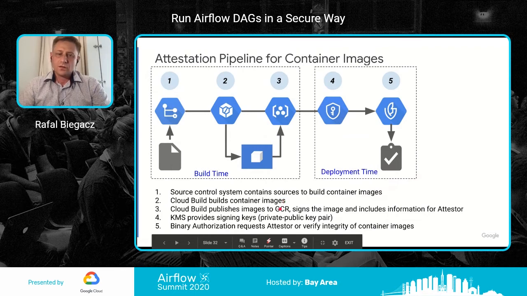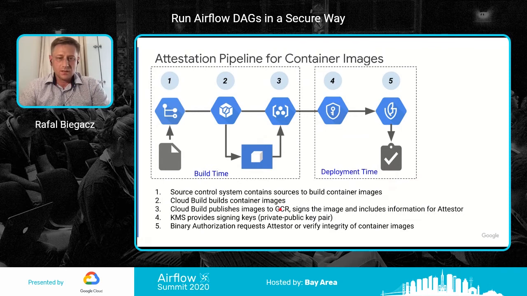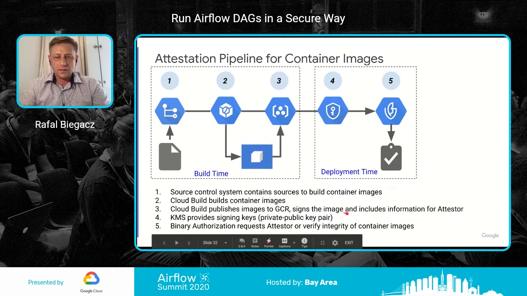You can configure Cloud Build so it passes additional metadata within the image, like the key that was used to sign the image, and the information about the attestor that should be used to attest the container. So Cloud Build will build the image together with this metadata and publish this container image into a container registry.